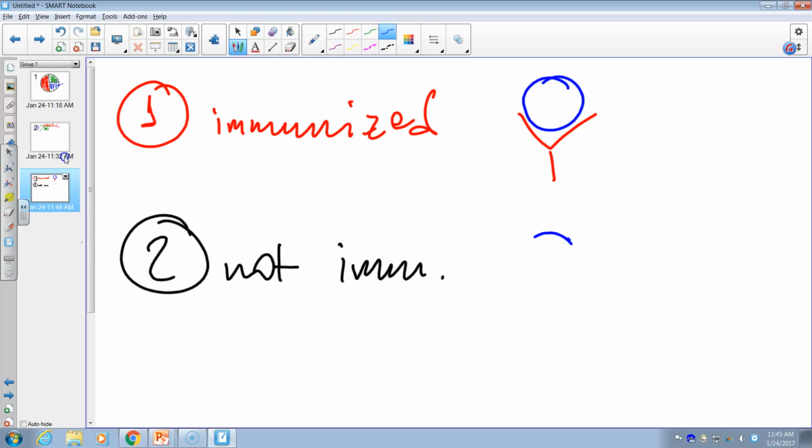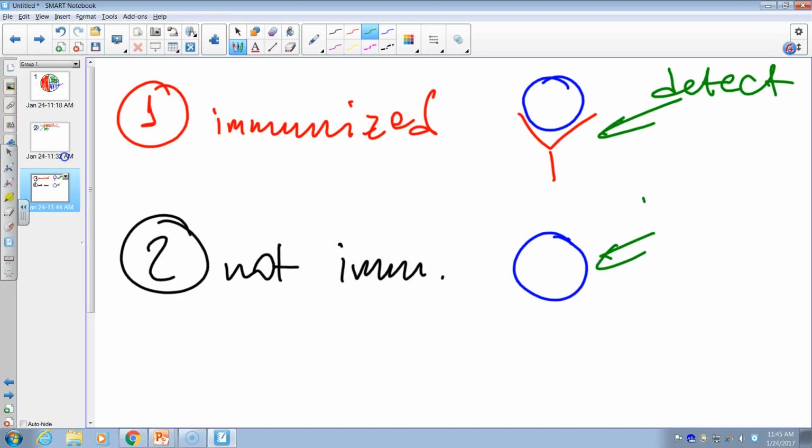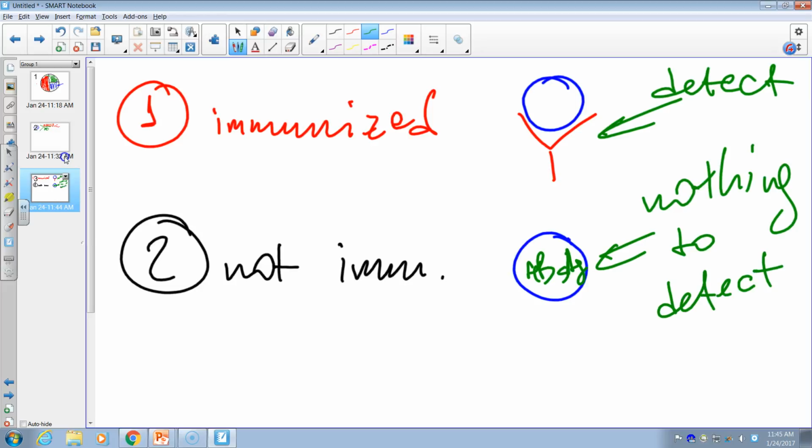You add protein here, nothing binds it. Then you have techniques, more or less sophisticated, that allow you to detect this complex. Nothing to detect, right? You don't see the surface antigen by itself. So in a person with antibodies, you're going to have a signal. In a person without, you don't.